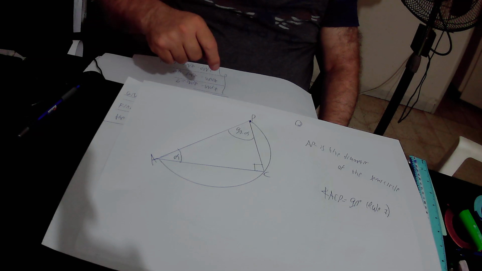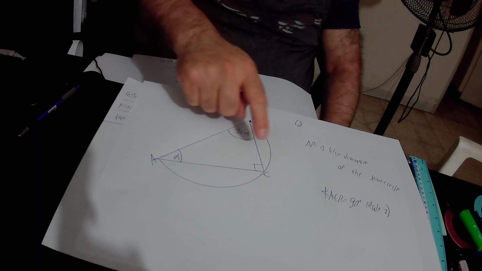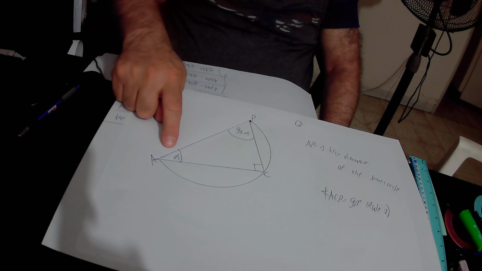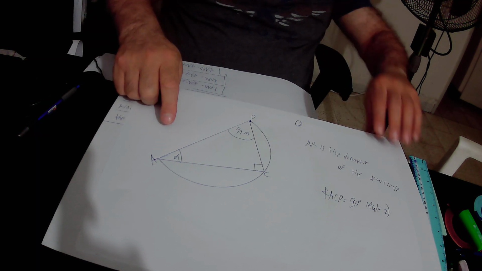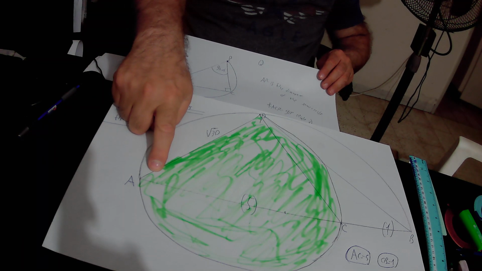In the next step, we define angle CAP as alpha. Here you can see that angle alpha is a common angle that belongs to both triangles.